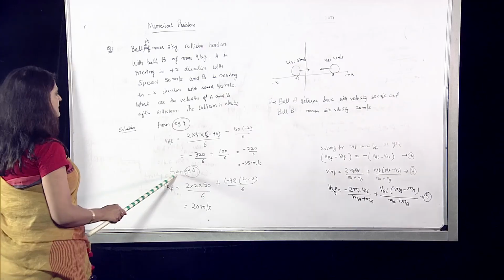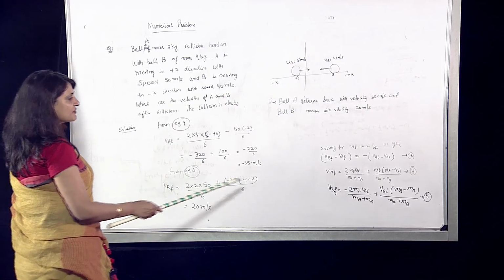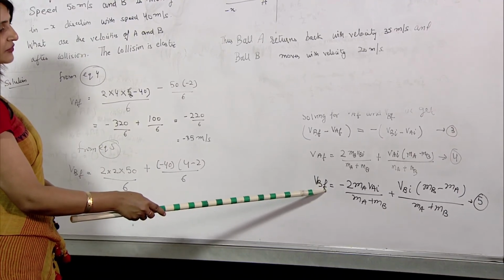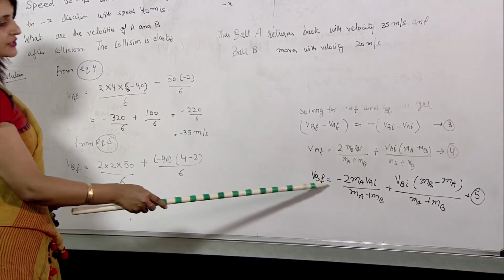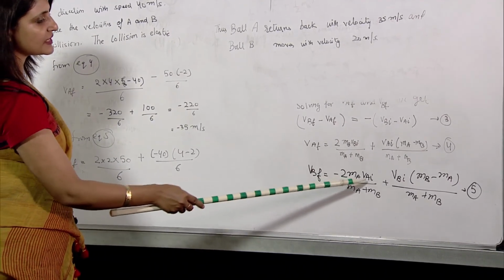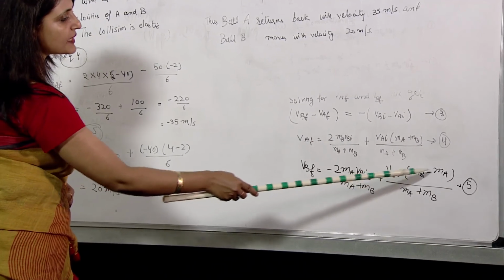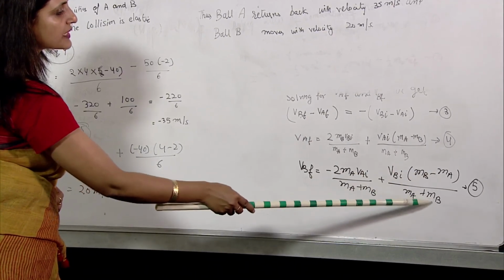Now, let us consider equation number 5, which gives the final velocity of ball B after collision. It is given by minus 2 MA VAI upon MA plus MB, plus VBI times MB minus MA upon MA plus MB.